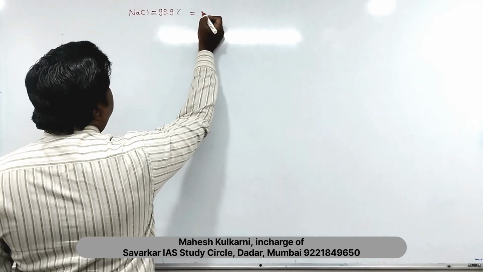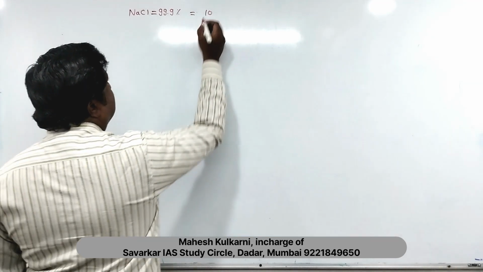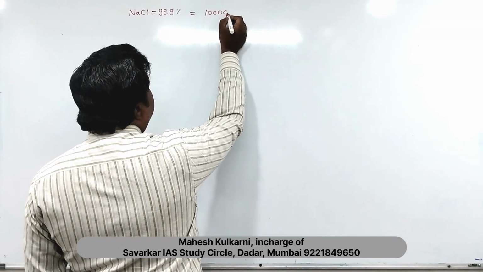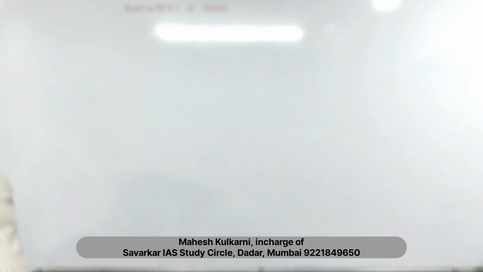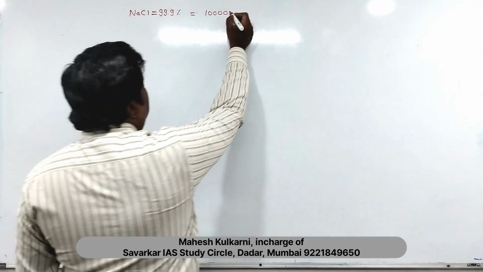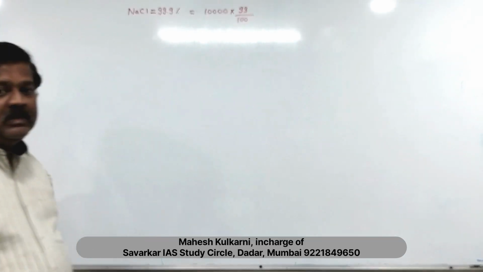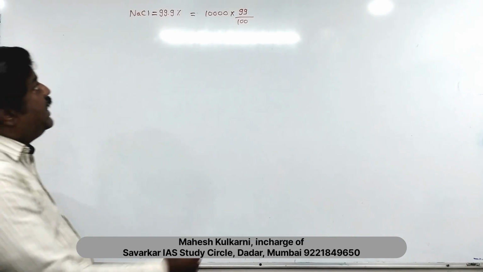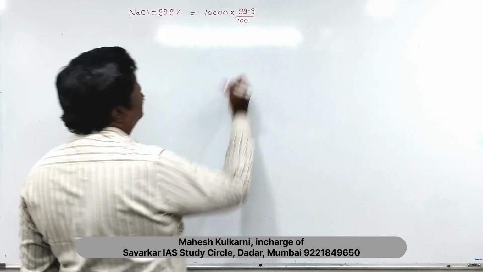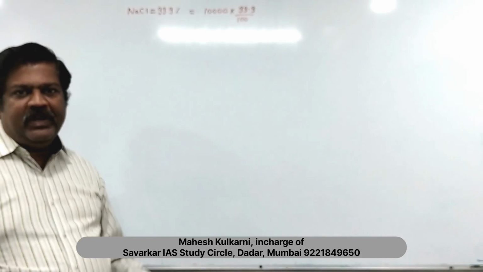So out of 10 kg, the weight is 10 kg. That means I have to consider it as 10,000 gram. To that we have to apply 99.9%. Cent means century here.